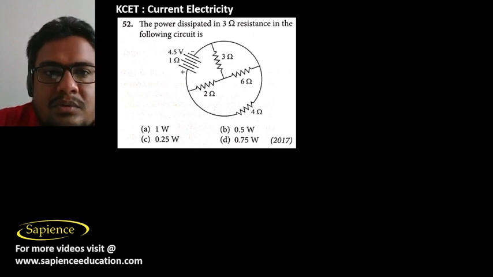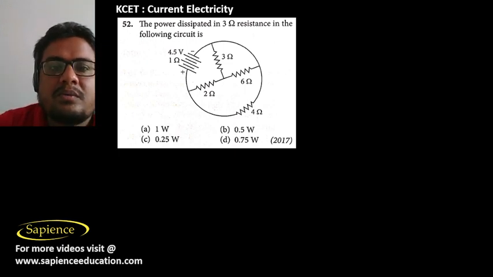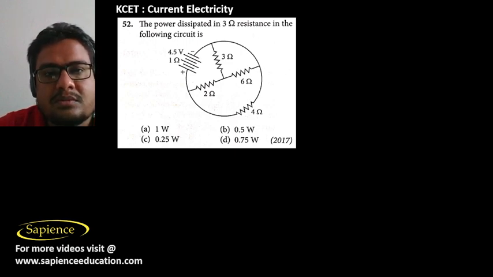Question number 52: the power dissipated in the 3 ohm resistance in the following circuit is. Power dissipated in the 3 ohm resistance. So we can draw this like this also. This is the battery. The battery has voltage 4.5 volt and internal resistance is 1 ohm.